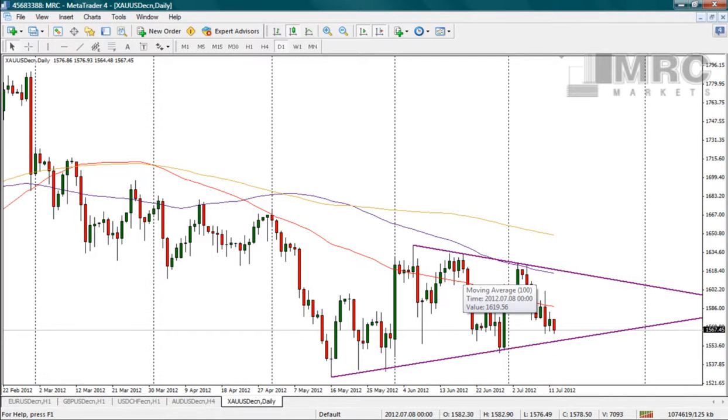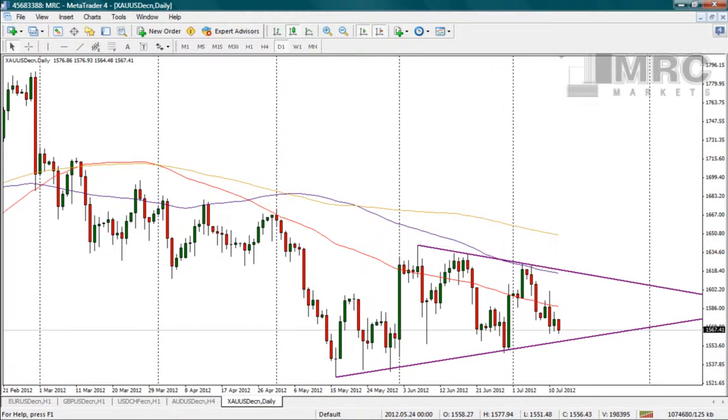You also see this 100-day moving average holding, a very nice confluence with that trendline resistance. But you can also see this 55-day moving average has been acting as very good support and resistance as well. So if we're going to get any momentum to the upside, then we need a daily close above this 55-day, and then a breakout of this symmetrical triangle, above this 100-day moving average and trendline resistance. Then the next first line of resistance will be that 200-day moving average at 1651.